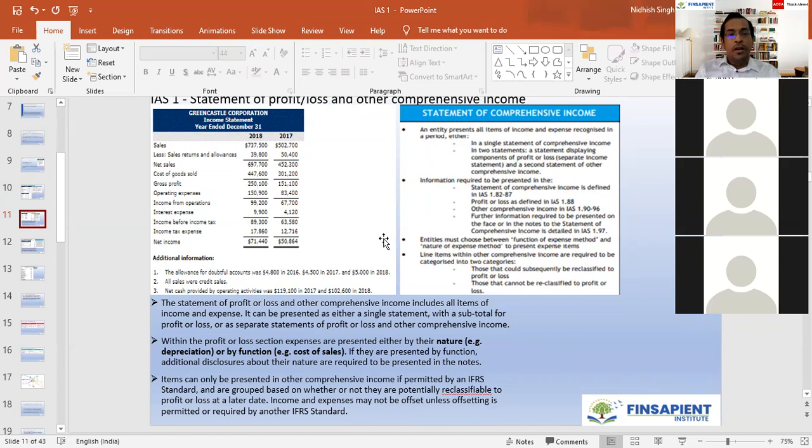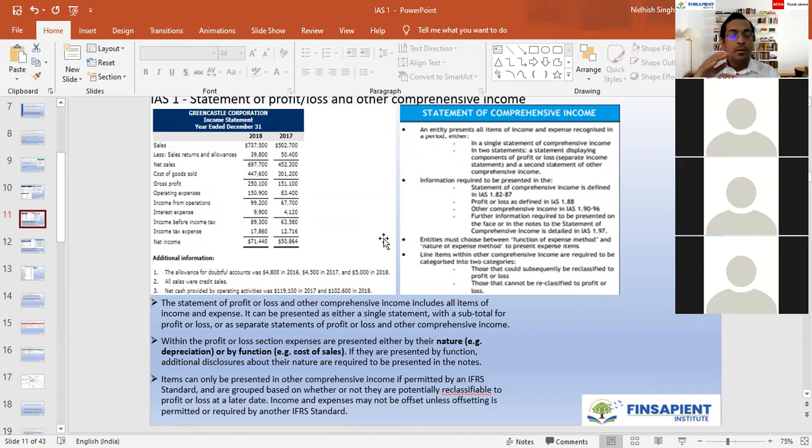So generally, the nature is when we talk about work in progress, raw materials. So it is about the processing of the goods or the inventories. So supplies come, or maybe raw material comes, then it is converted into work in progress, then inventory is ready and it goes into the stock room, it waits there.